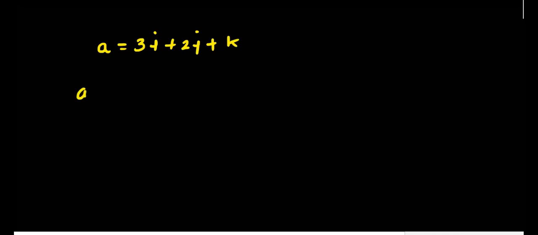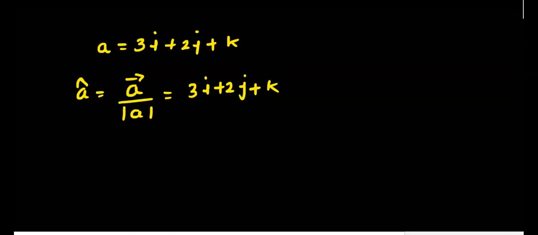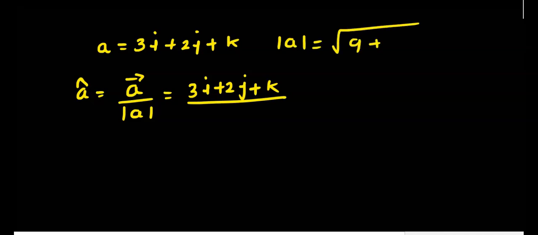By the definition of a unit vector, we put a cap, and a unit vector is given by vector A divided by its modulus of A. So vector A is 3i plus 2j plus k divided by modulus of A. If we find the modulus of A, 3 square is 9, 2 square is 4, and 1 square is 1. So it is root 14.